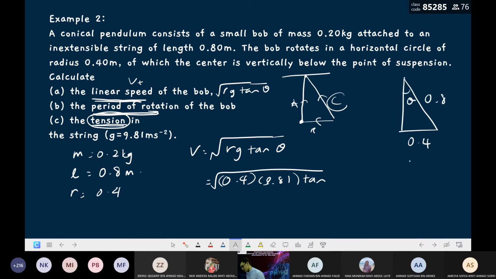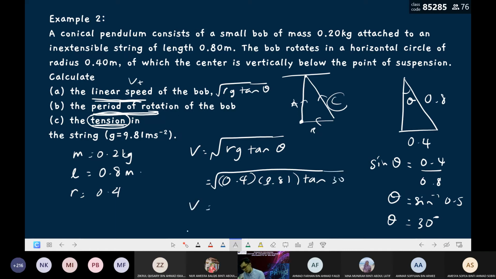Kita boleh guna sin ke cos ke tangent? Sin. Sin theta is opposite 0.4 divided by 0.8. Jadi our theta is inverse sine of 0.5. So theta is 30 degree. Jadi tangent 30.